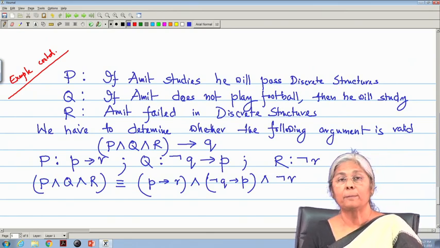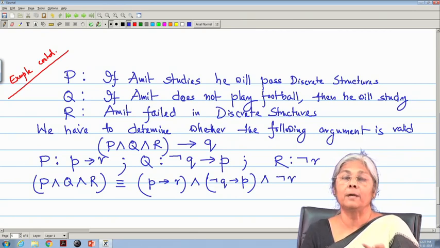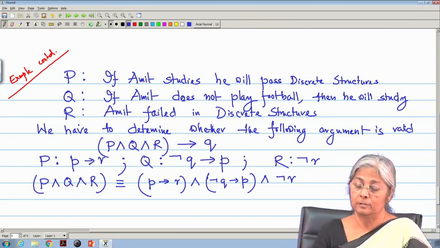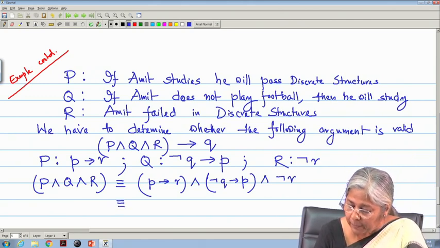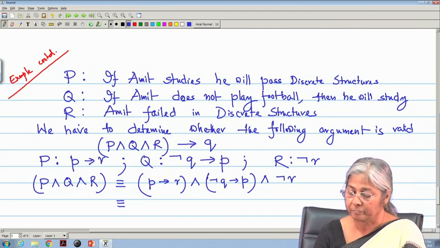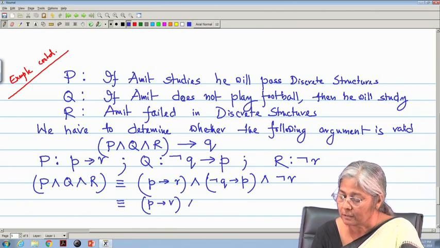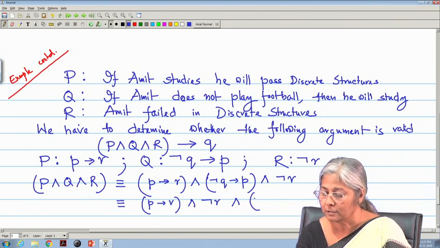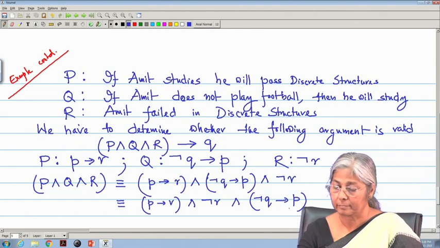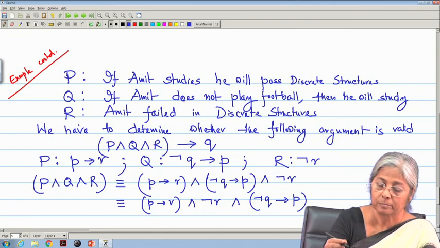Now, we can apply our laws of logic here to simplify, to check the validity of the given argument. So, we apply the commutative law. We can write p implies r, then I can take negation r first and then negation q implies p.